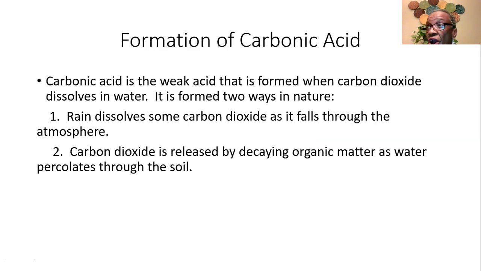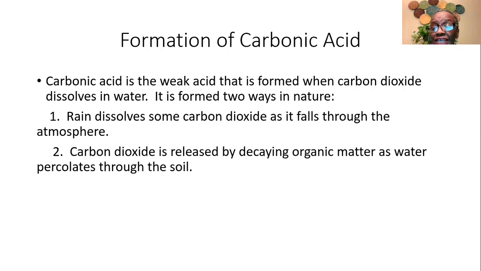All right, now you've heard of carbonic acid, and that's the weak acid that's formed when carbon dioxide dissolves in water. This happens naturally in two ways. When it rains, we know that the atmosphere has carbon dioxide in it, and as the rain falls, it will dissolve some of the carbon dioxide in the atmosphere, and that will produce carbonic acid.